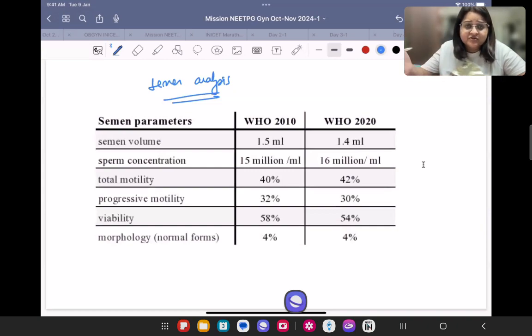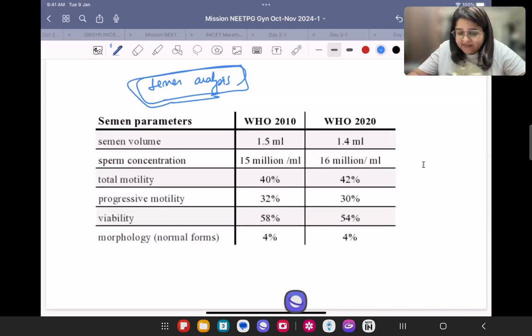Of course, we take a history, we look for any sexual problems like premature ejaculation or retrograde ejaculation or any coital difficulty. Apart from that, the next thing we do is a semen analysis. So if the question comes, the test of choice for male factor infertility, the answer is semen analysis.